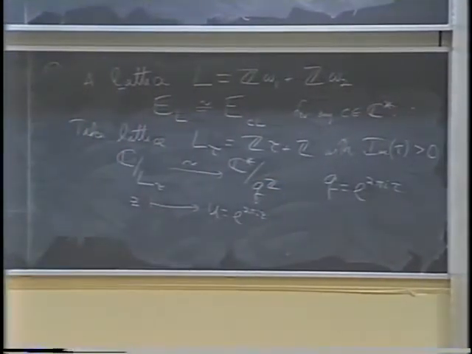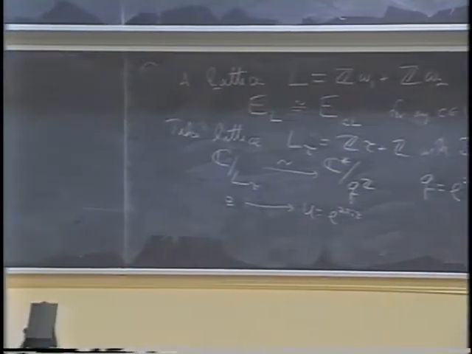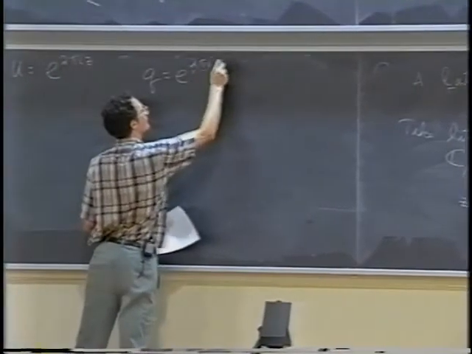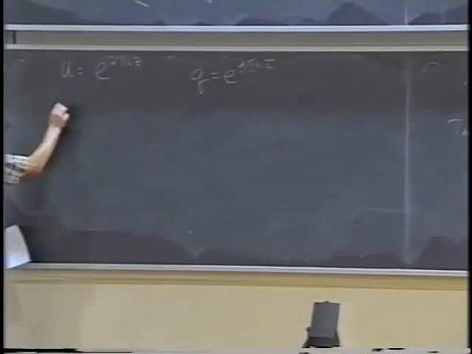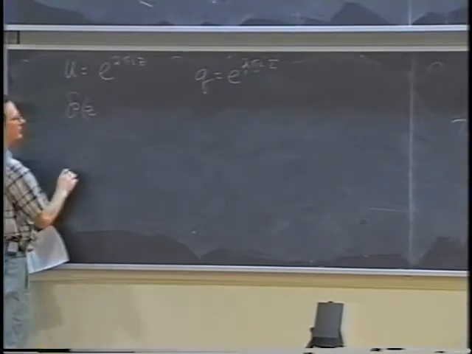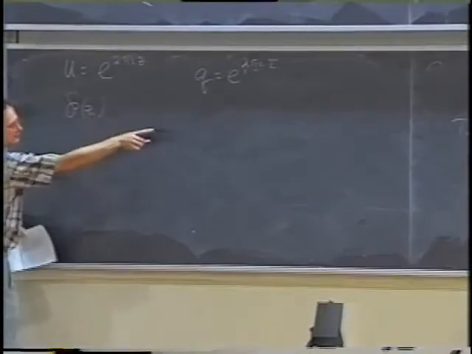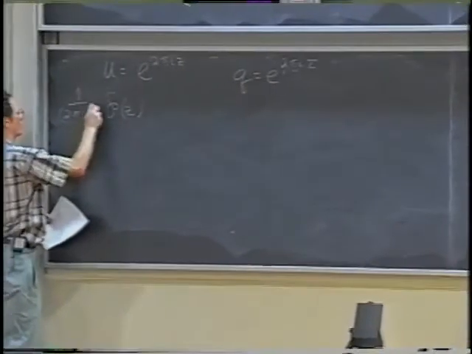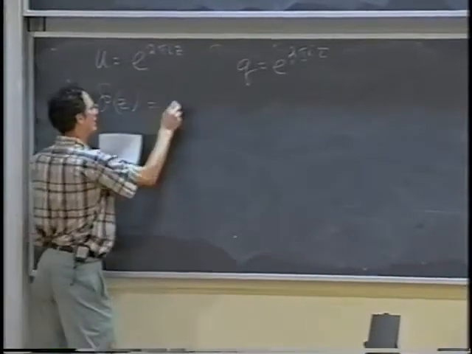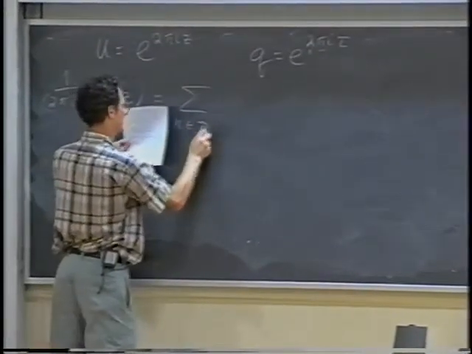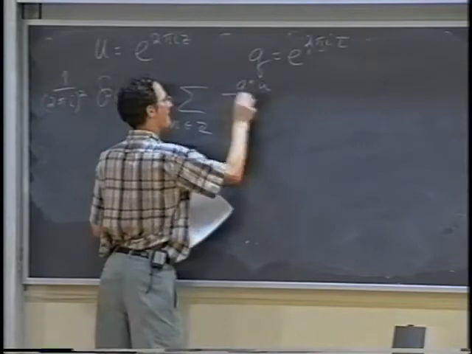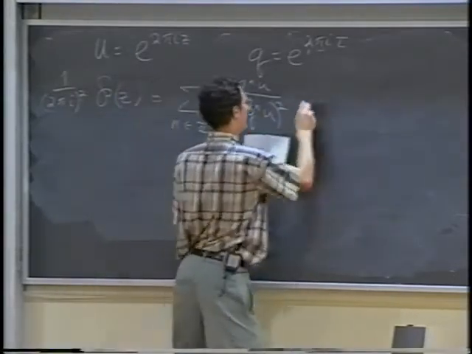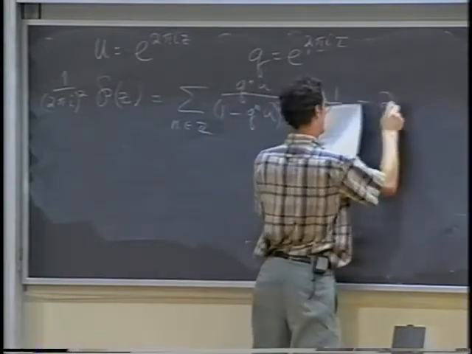So if we write u is e to the 2 pi i z and q is e to the 2 pi i tau, then the Weierstrass P function at z, with respect to the L sub tau lattice, looks as follows. I'll put a 1 over 2 pi i squared in front here just to normalize things. It has the following expansion.